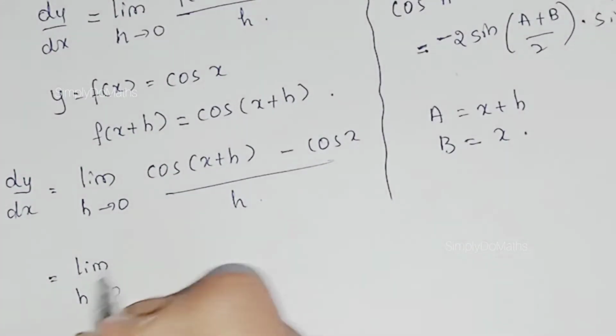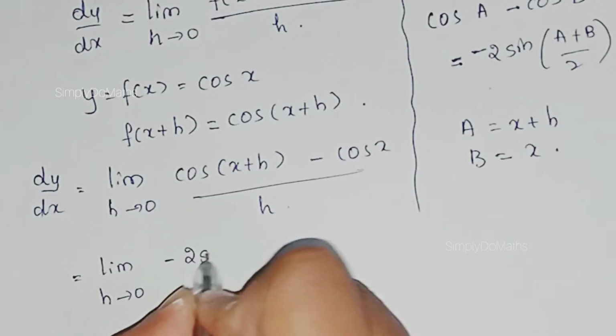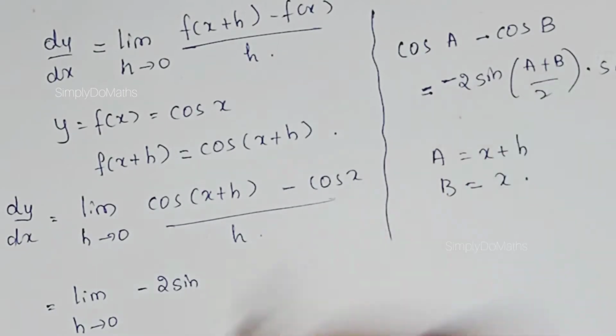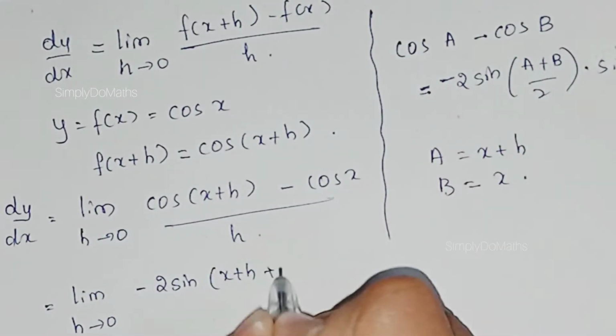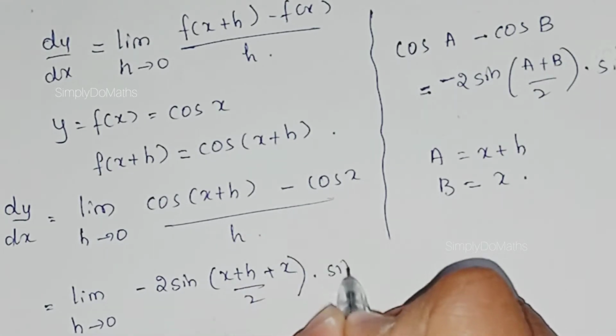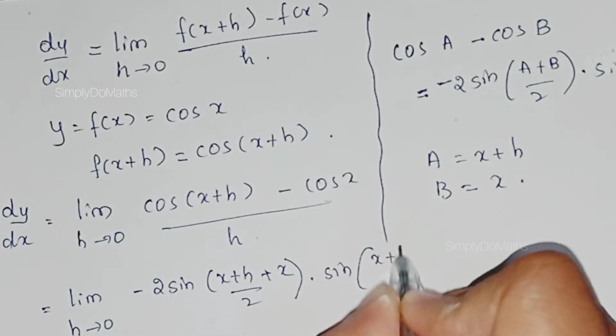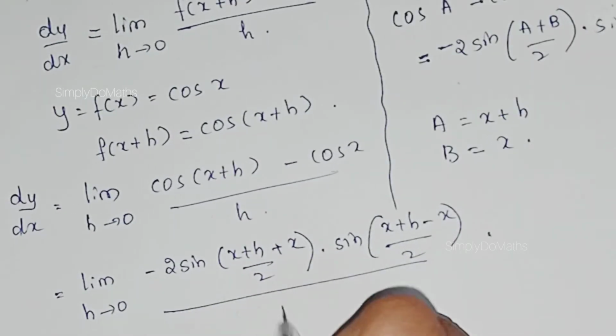So let us apply this. The term will be limit as h tending to 0 of minus 2 sine of (a plus b) by 2, that is (x plus h plus x) by 2, into sine of (a minus b) by 2, that is (x plus h minus x) divided by 2, whole divided by h.